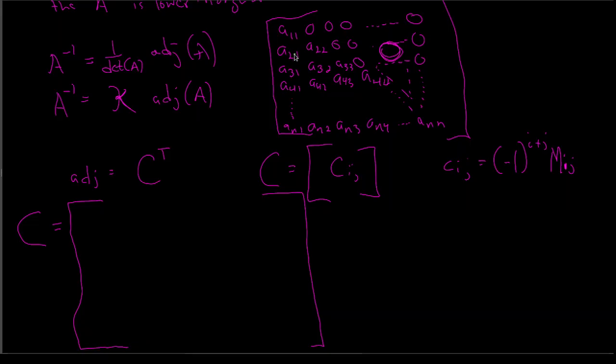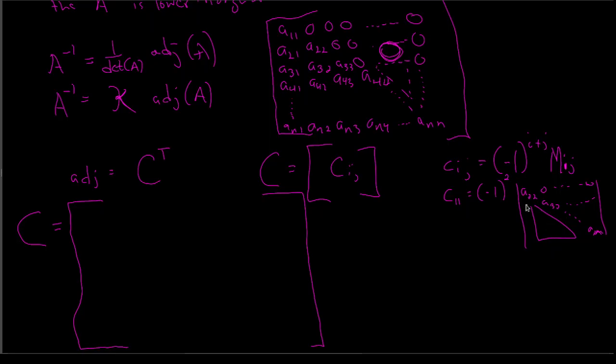If I look at the cofactor of that, C11 is going to be -1 to the 2 times the minor. I'm going to lose my first row and my first column. It's going to have A22 and then zeros after it, A33 and zeros after it, all the way down to Ann, and there'll be values in here.